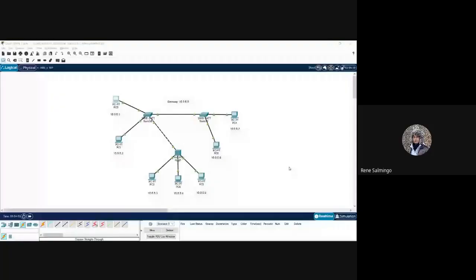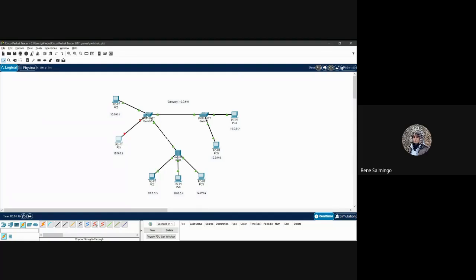So we now go back to Packet Tracer. And how will you know that this is in good connection? So for example, I will turn off. So take note, you have red.